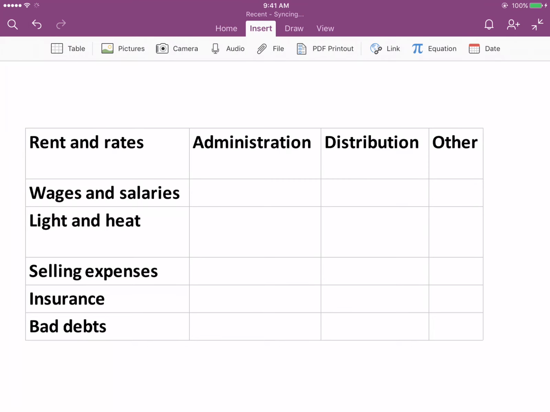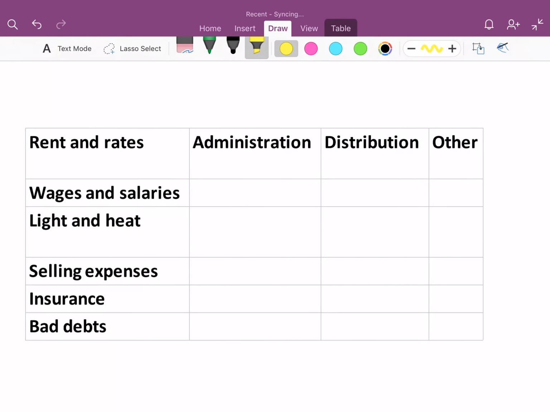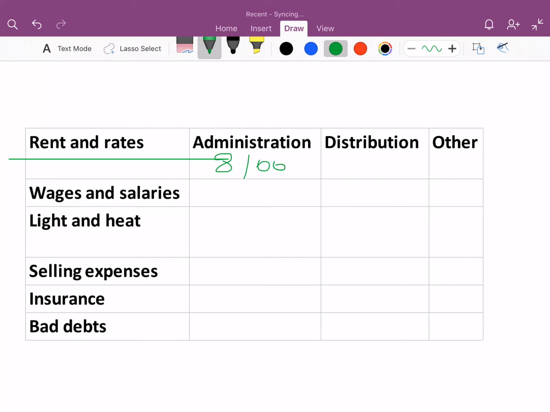And we have an administration expense, distribution, and other expense. So the rental rate is an administration expense. So we're going to write it down as an administration expense, which is 8,100. Also, the wages and salaries is an administration expense, so it is 12,000. Then here we have 3,680.